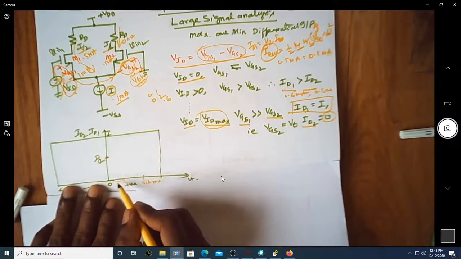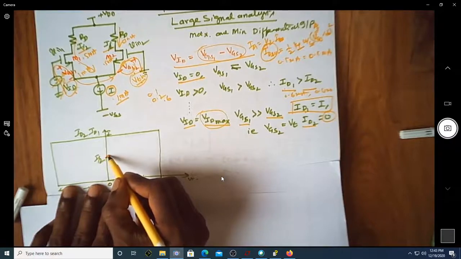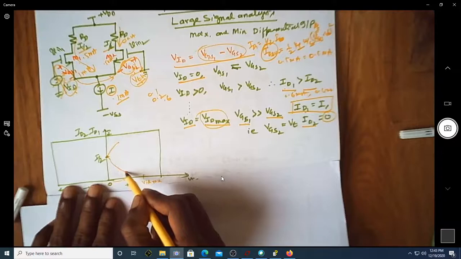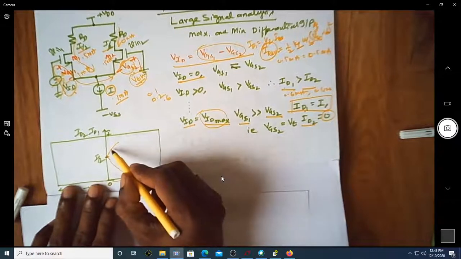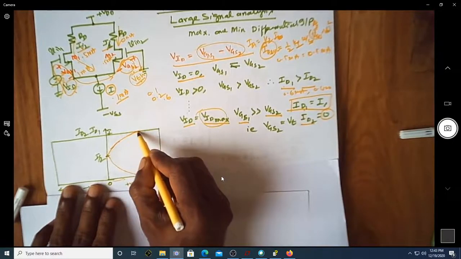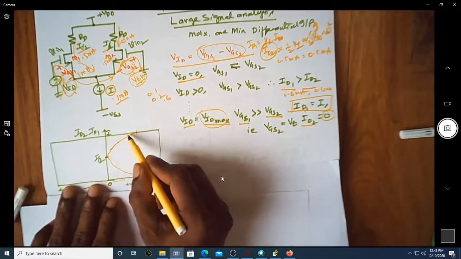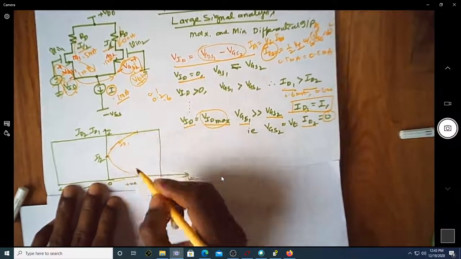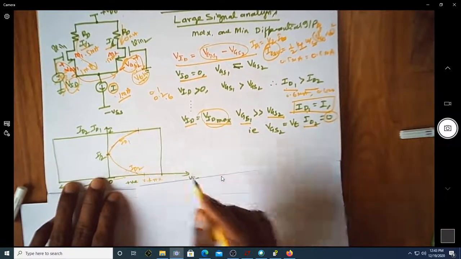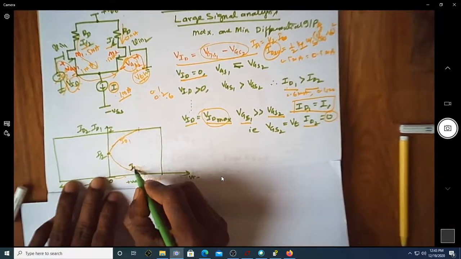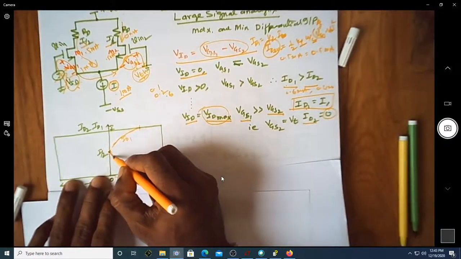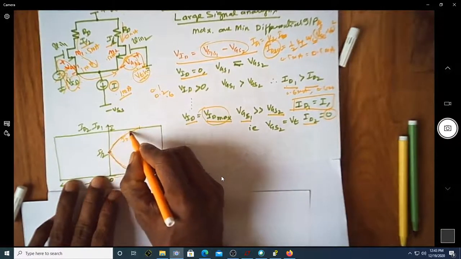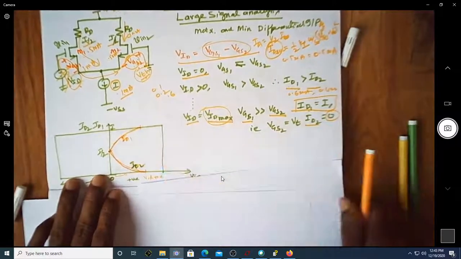If you keep increasing VID, then ID1 keeps increasing, whereas ID2 keeps reducing, and it will become 0 current when this touches VID max, and ID1 will reach I. You can see the entire current is flowing through. This is ID1, this is ID2. ID2 current has reduced to 0, whereas ID1 current has increased to I.